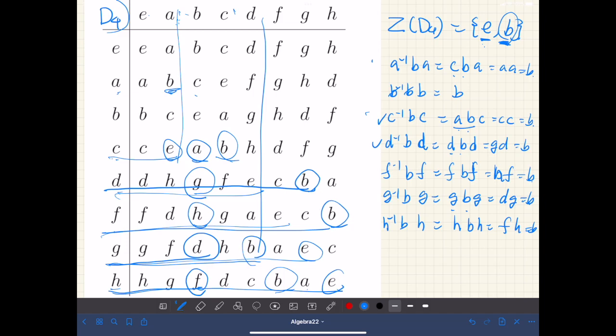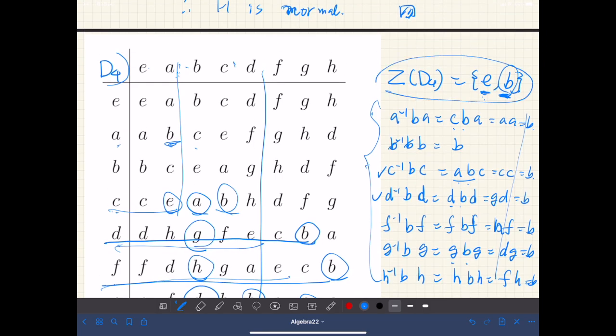And if you check all other elements like this, they will never satisfy these conditions. So these two elements are the only central elements of this group. Therefore, this is the center of D4.